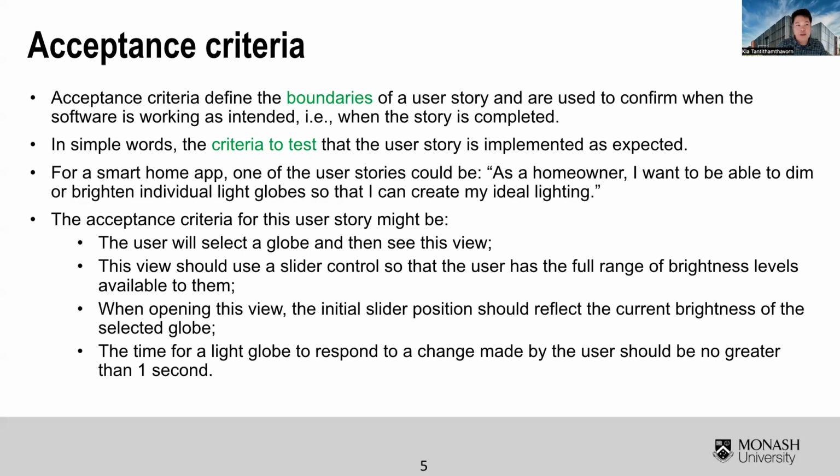Do we develop the right system or not? So acceptance criteria is part of agile software development, where we normally write the user story first and then translate it into acceptance criteria: what are the steps that the system should perform to confirm that the user story, that requirement, is met?